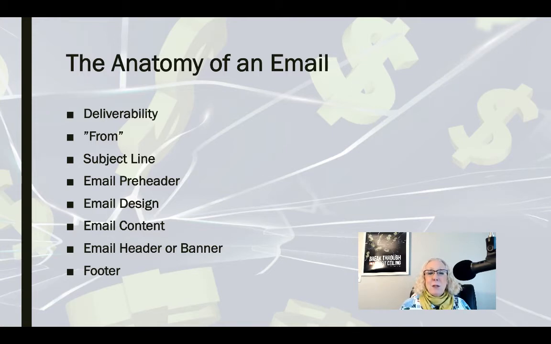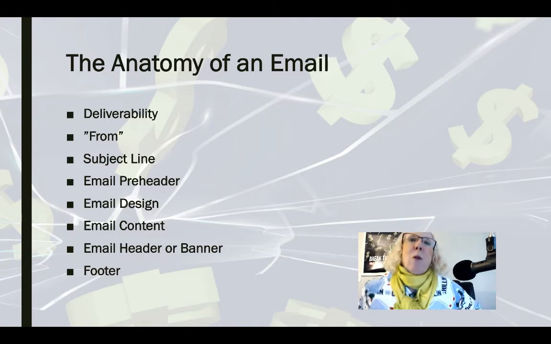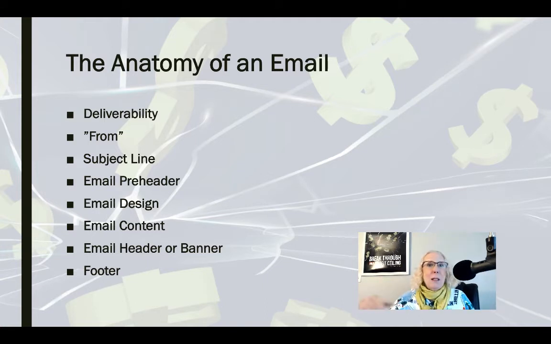Second to the subject line, the probably second most important piece of your email is the email content. So what does it say? What kind of great information are you giving me that I want to read more and more, and perhaps click through to whatever you want me to click through to, whether it's an offer or just more information?